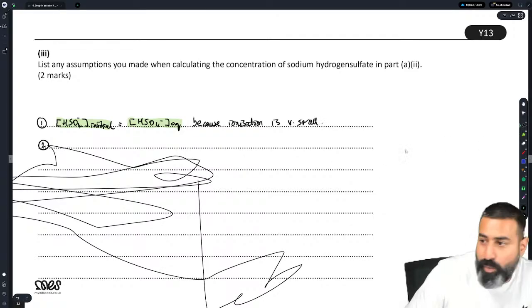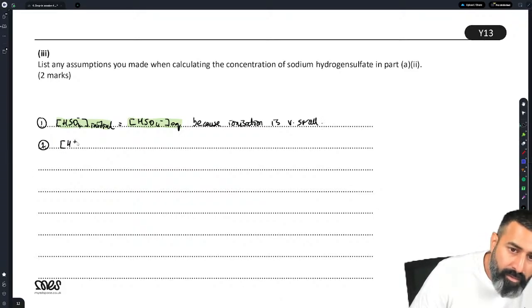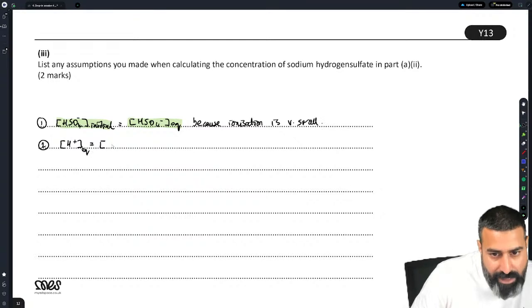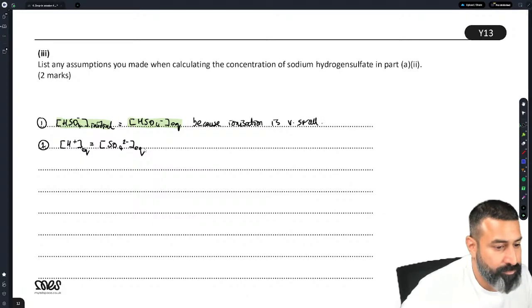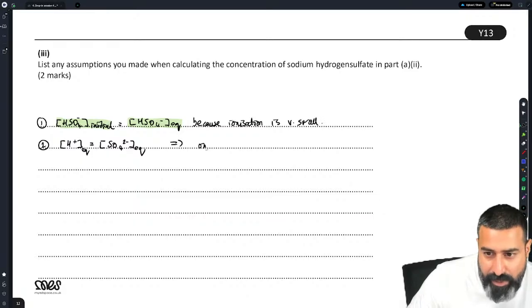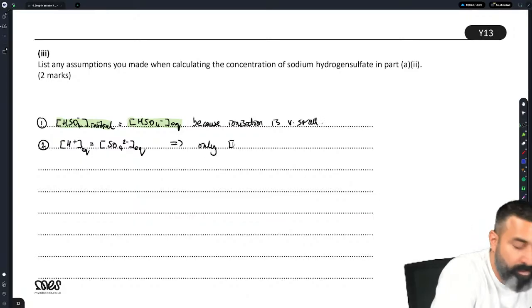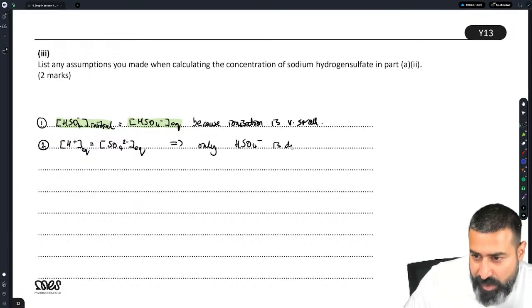And the second assumption that we can make is that my hydrogen ion concentration at equilibrium is equal to my sulfate ion concentration at equilibrium as well. So what we're really saying is this means that only the HSO4 minus is dissociating.